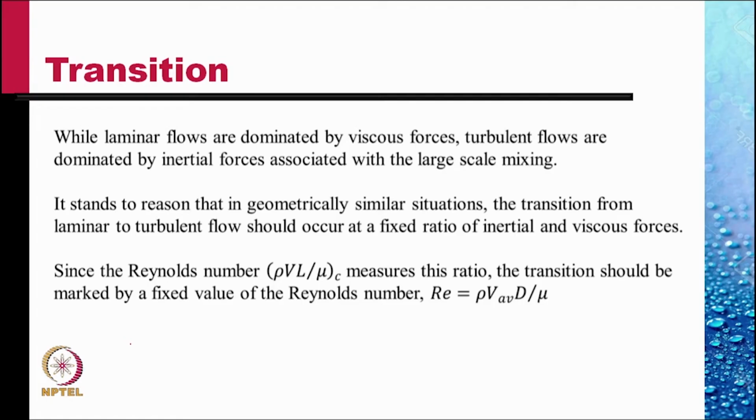Since the Reynolds number measures this ratio, the transition should be marked by a fixed value of the Reynolds number, which is defined as rho V average d, the diameter of the tube, divided by the viscosity of the liquid.